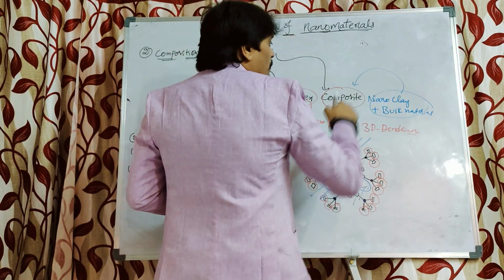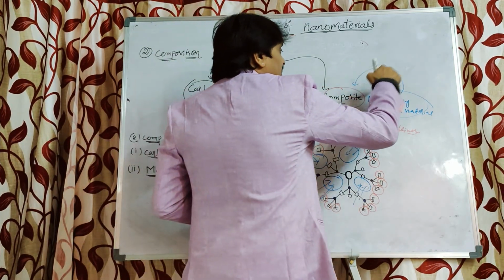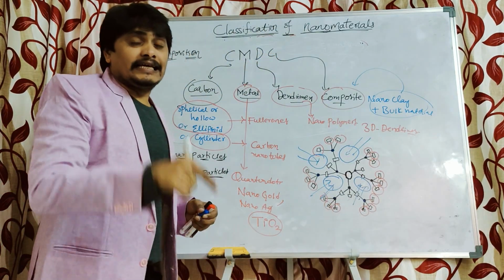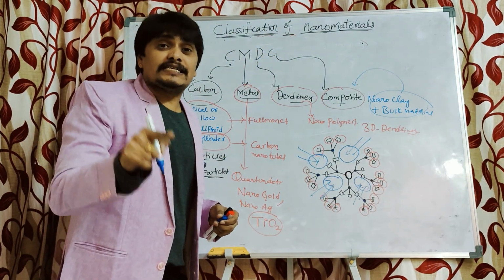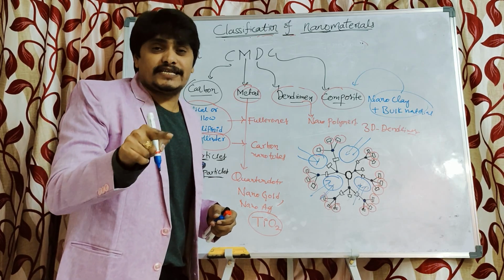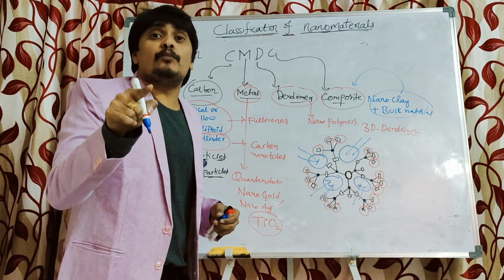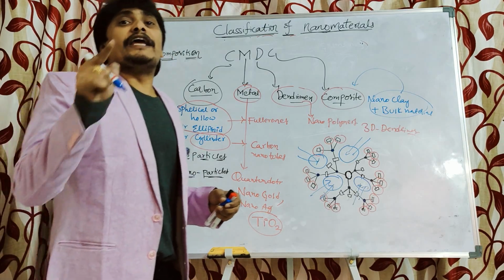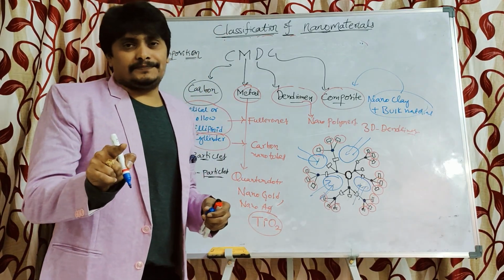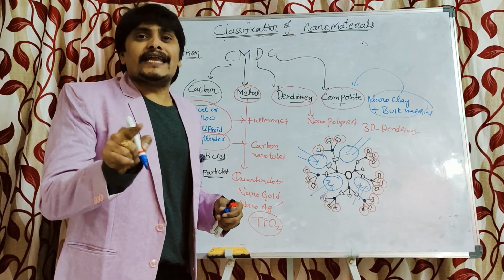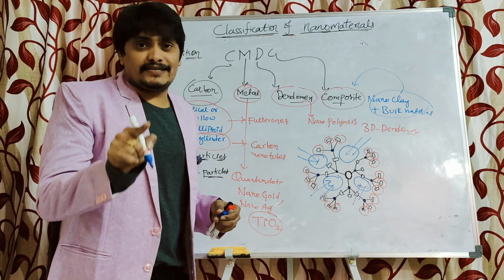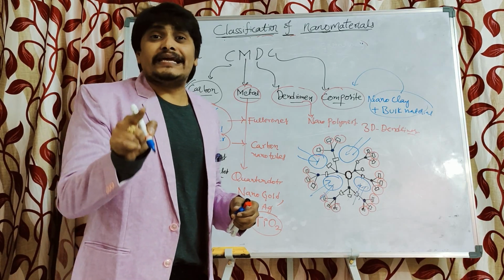Nano clay is the nanomaterial, and when this nano clay is added to the bulk material, then the physical, chemical, and mechanical properties of the bulk material will improve. So, for improving the physical, chemical, and mechanical properties of the bulk material, nanomaterials are being added.